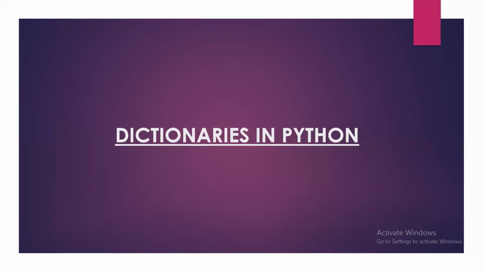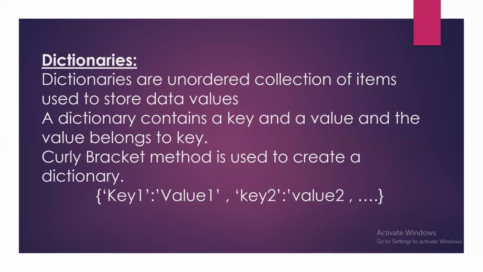Now we'll discuss dictionaries. What are dictionaries in Python? Dictionaries are basically an unordered collection of items that are used to store data values. A dictionary contains a key and a value, and a set of a key and a value is an item of a dictionary.